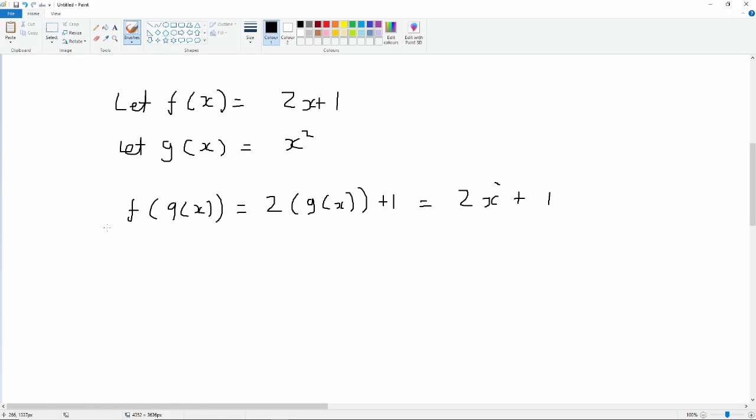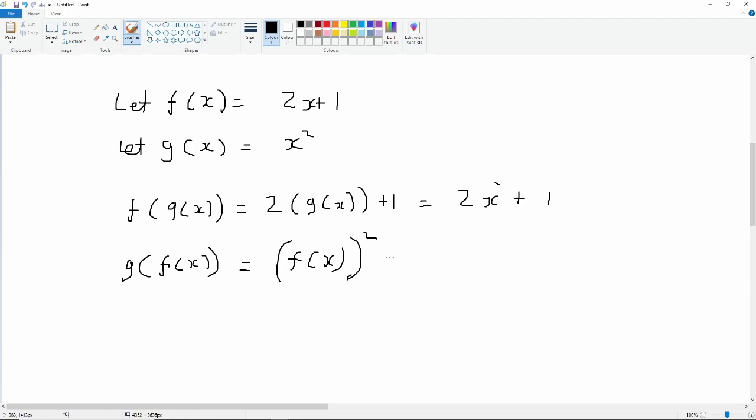We could nest them the other way around if we wanted. We could ask what is g of f of x. Well, we write out our function g of x, which we know is x squared, but instead of writing x, we write whatever's in the brackets, so that's f of x squared.